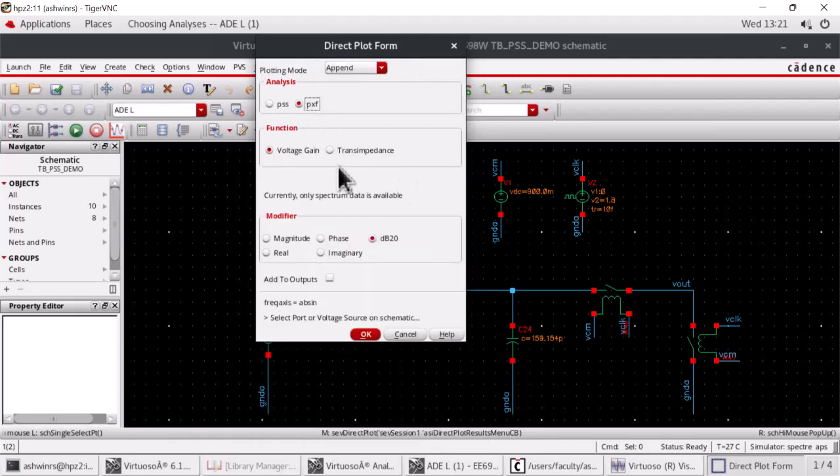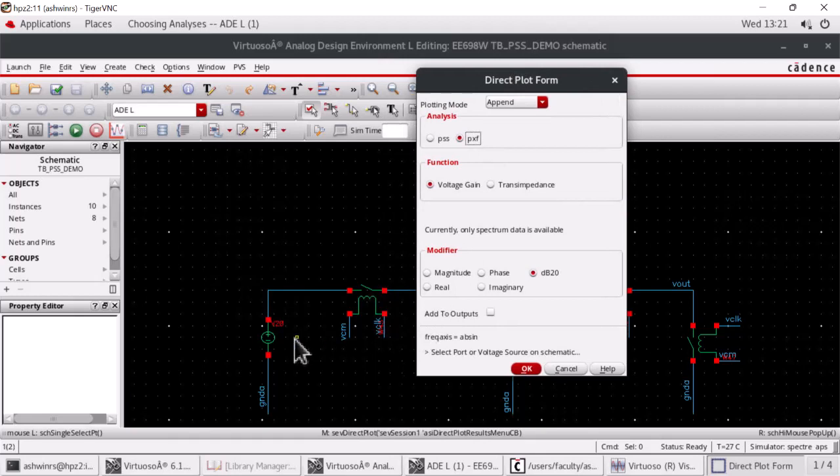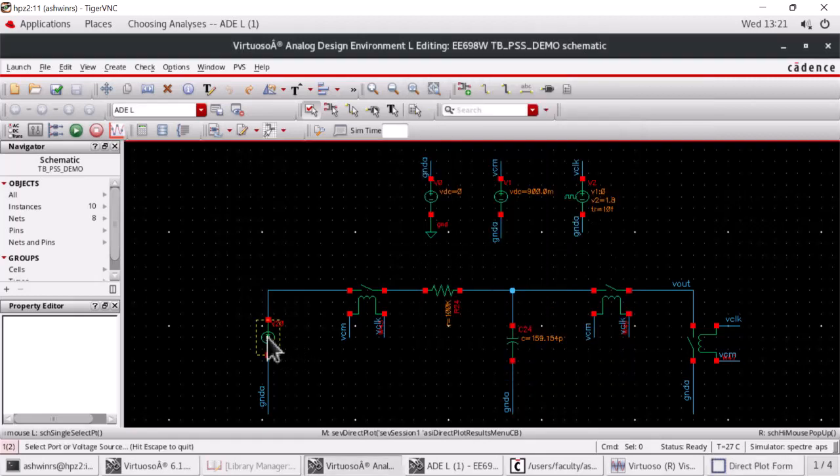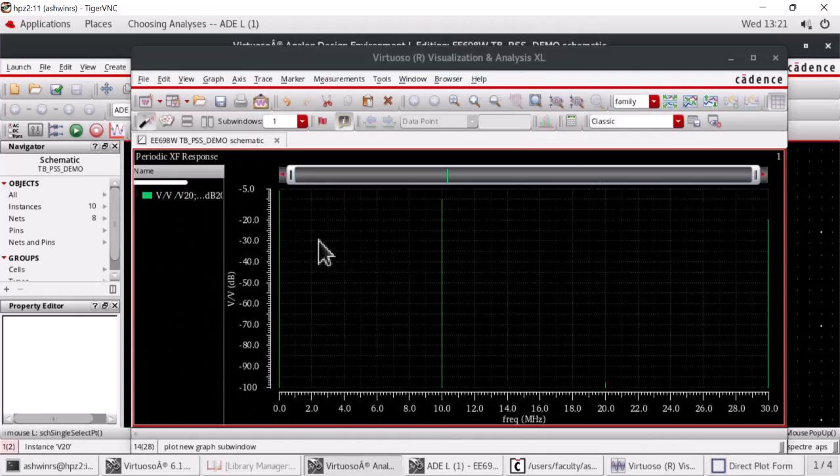PXF. And yeah, so now I need to specify what input I'm considering, right? So from which input I'm considering the frequency translation. This is my input. Yeah, once I do it, I get this. So what this says is, this is the frequency at the input. Okay. So from DC at the input, I have a contribution to the output DC, and as expected, that's half, minus 6 dB, right?